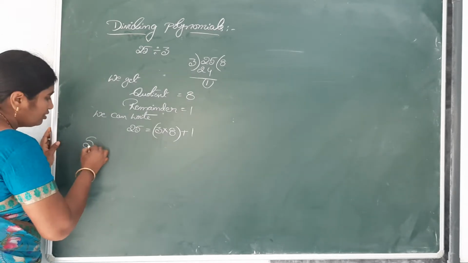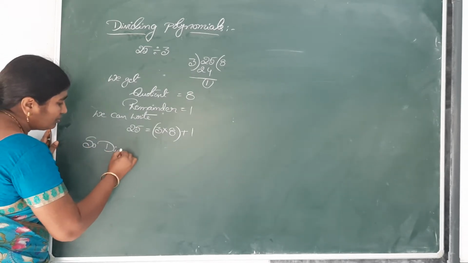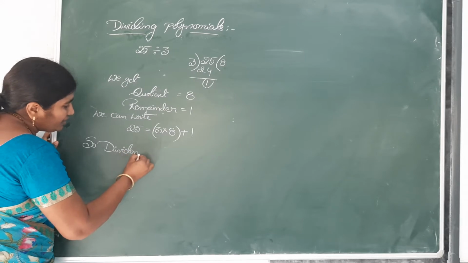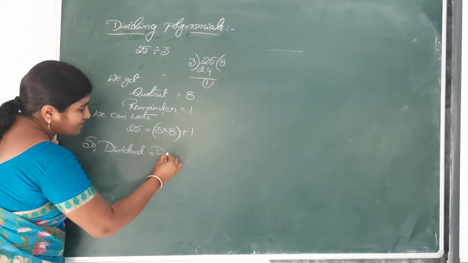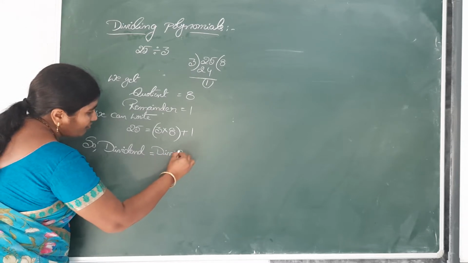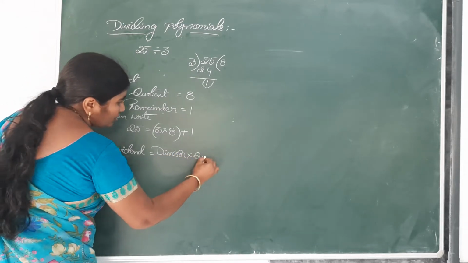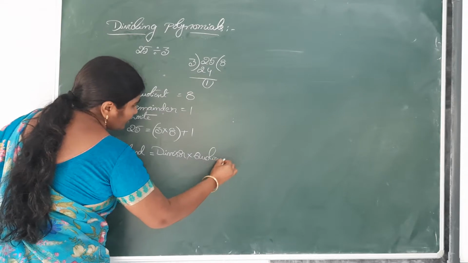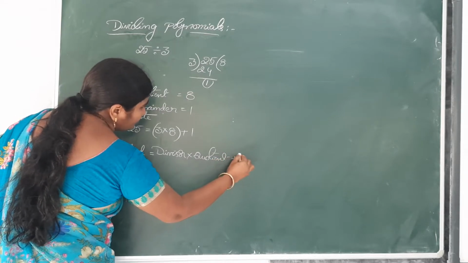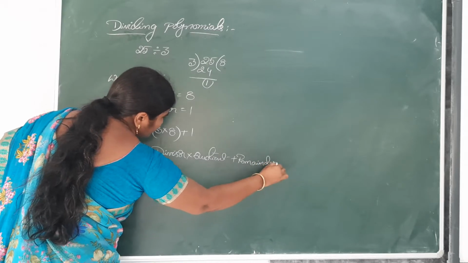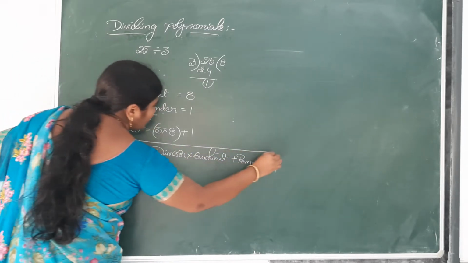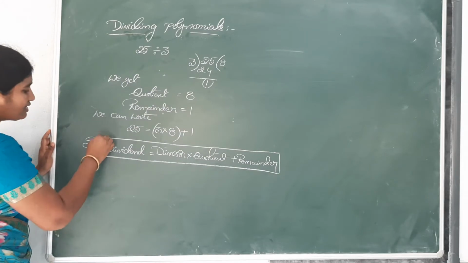So dividend equal to divisor into quotient plus remainder.